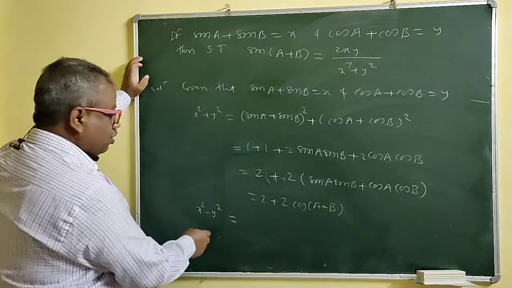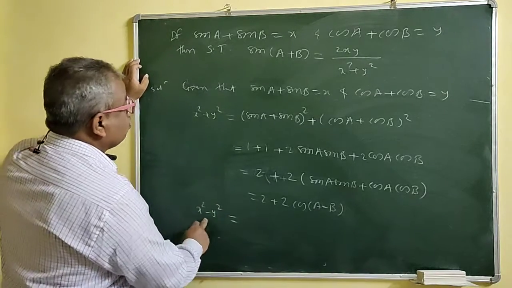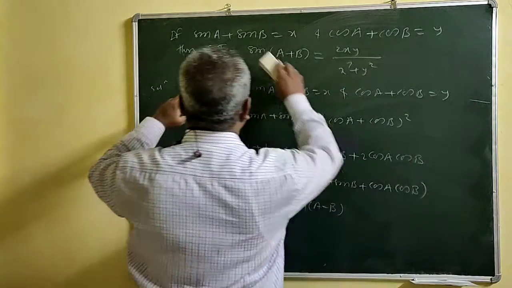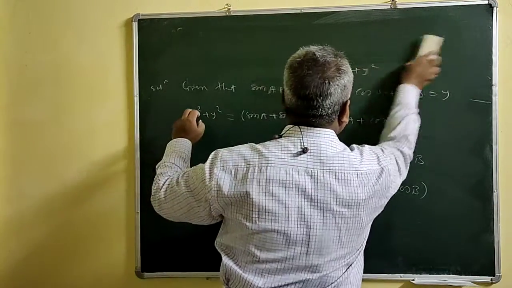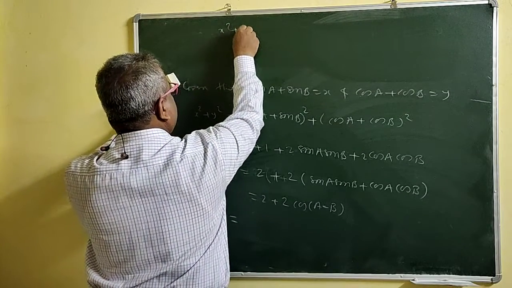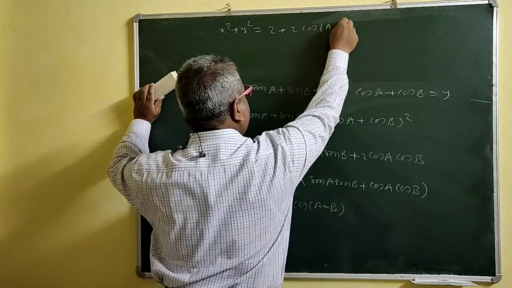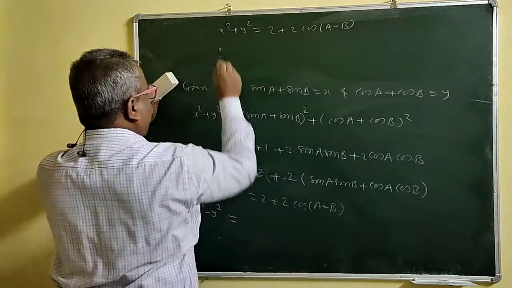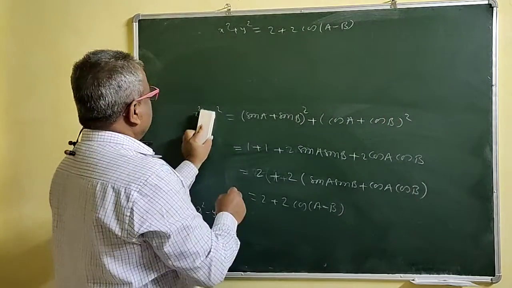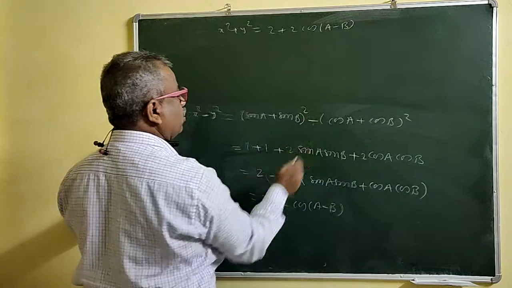So what we get then? So we'll find cos A plus B. So x square minus y square is what then? Okay, so I will write here, x square plus y square is equal to 2 plus 2 cos of A minus B. Now we'll try for x square minus y square. So what we get? X square minus y square. Just I will erase only here. This will become minus only.